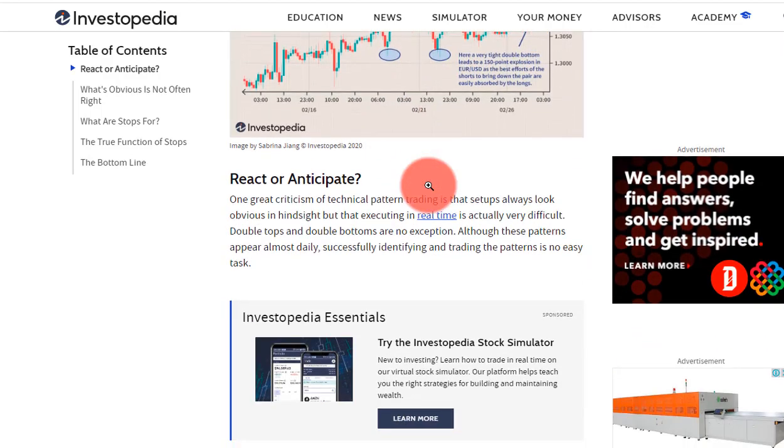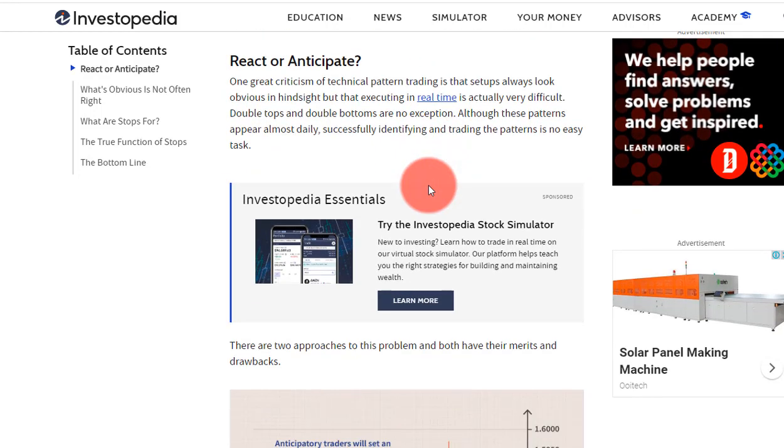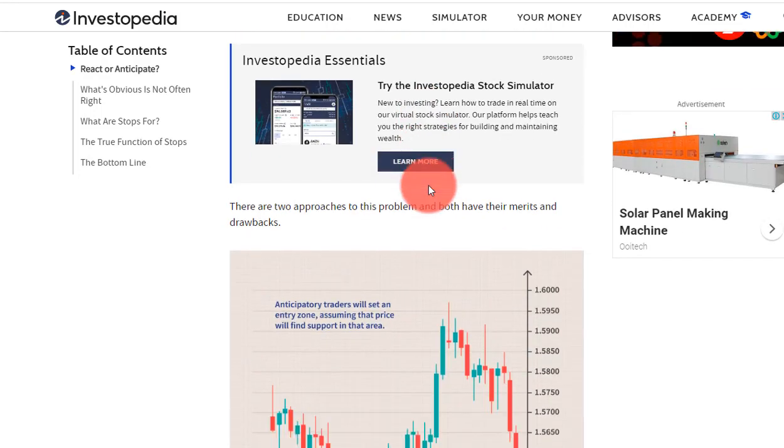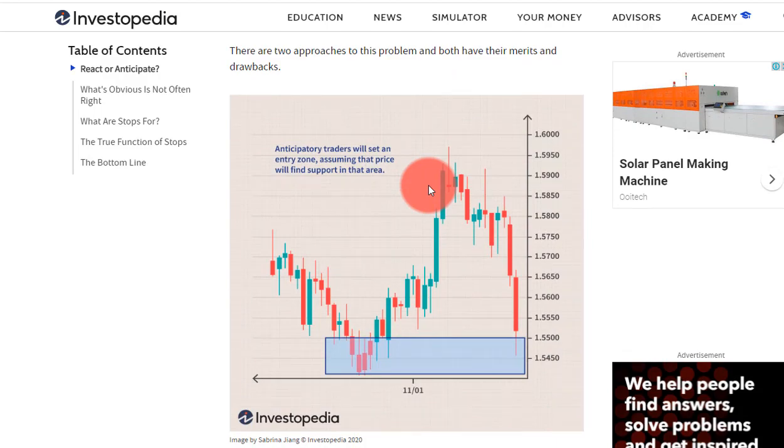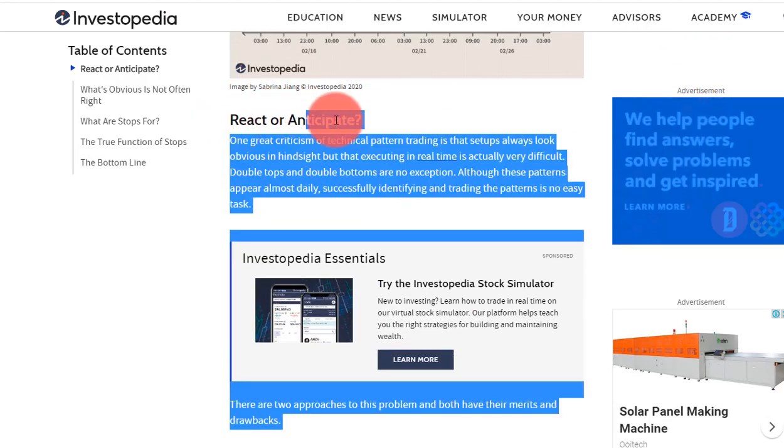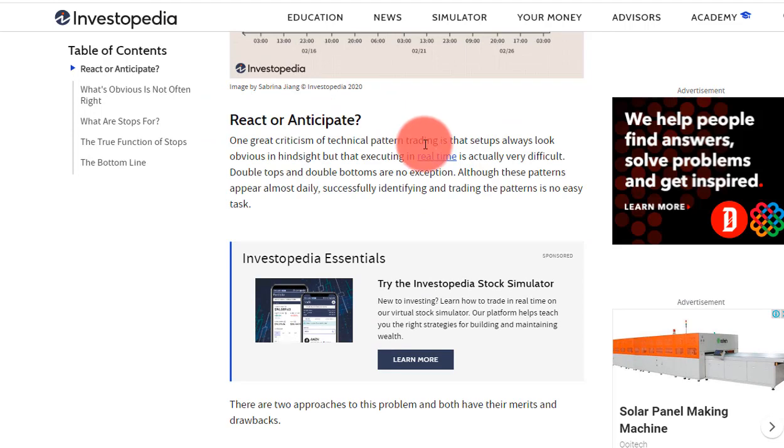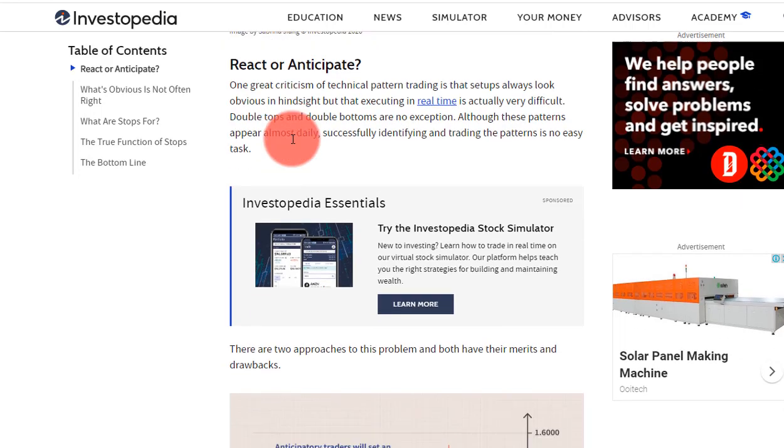So the main thing to talk about is how do we trade this, and do we want to react or anticipate. On this channel I always talk about anticipation and reaction. For market structure, anticipating is not the way to go. We want to wait for the market to make its move first, and then get in on a retest or some other form.